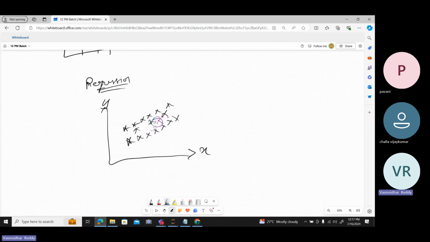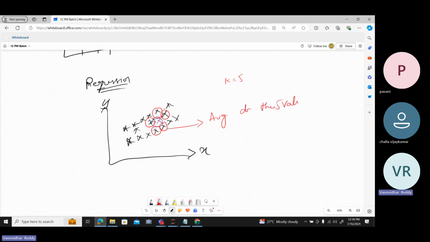Same with regression, we need to calculate the distance and take the average. For example, this is my data point and these are the nearest values I found, where k equals 5, and I apply the average of these 5 values.